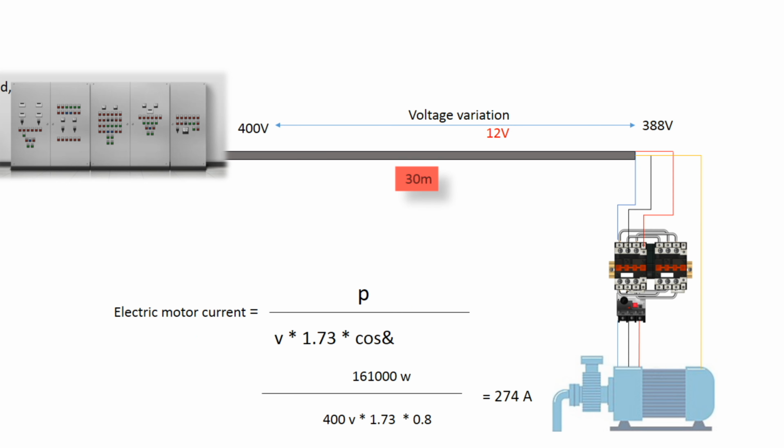To calculate the cable cross-section using the allowable voltage drop method, we need the project current, not the power. So, using the following formula, the first step is to calculate the current. Now that the current is known, let's move on to the cable cross-section tables. So stay with me.